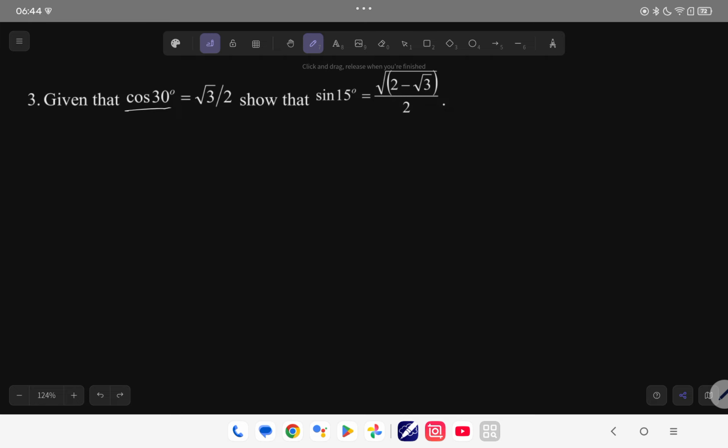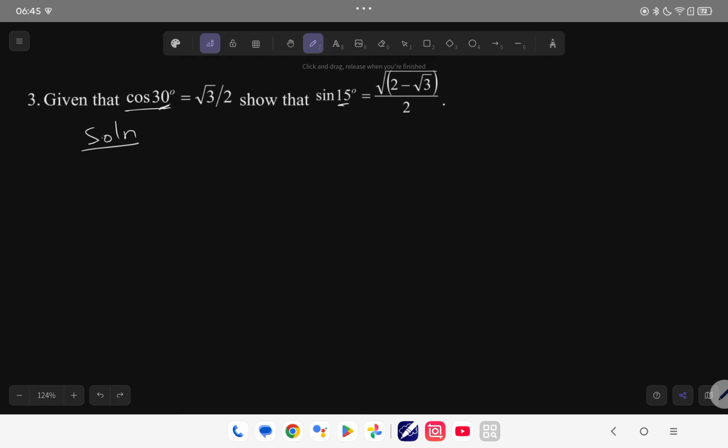Now, they want us to find the sine of 15. Now, 15 is half of 30. So we shall use some multiple angles to work on this problem. But again, here we have cos, there we have sine.